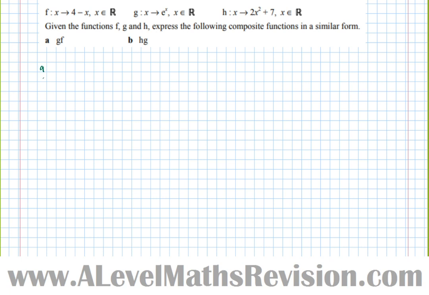So part A. So f of x equals 4 minus x, and g of x equals e to the x. So we're going to find, first of all, gf of x, as it's asked. Well, f gets to go first.